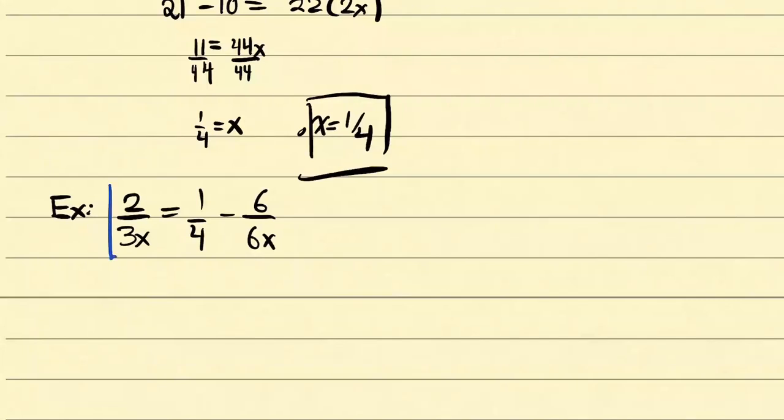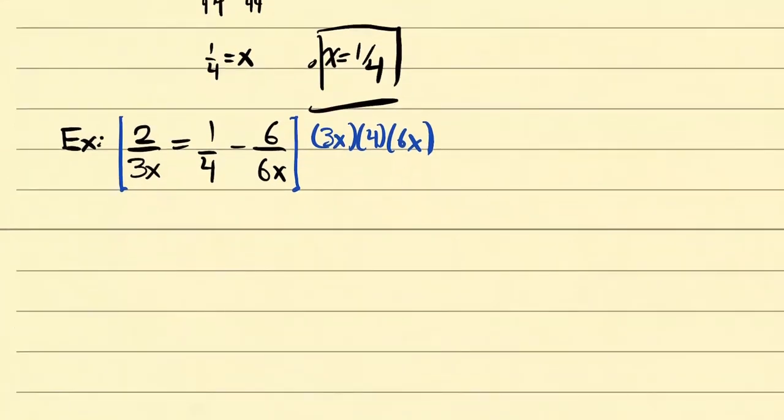I think when I described this last semester, I'm just going to destroy the entire equation by multiplying through by the common factor, which is all of the denominators multiplied by each other. So I'm going to multiply this by 3x times 4 times 6x, just getting rid of every denominator as much as I can. This is still a fine operation. It's just maybe not having the least common denominator will make it a little bit more tedious for you.